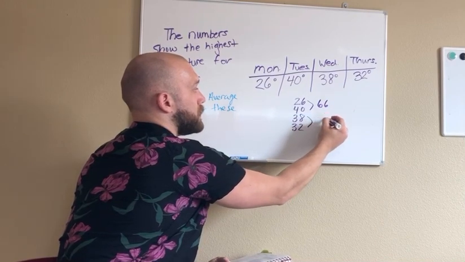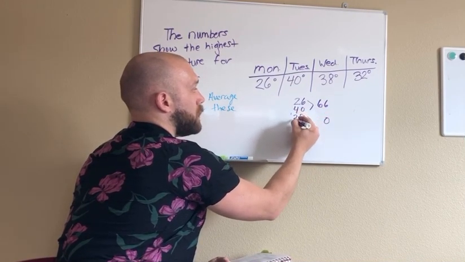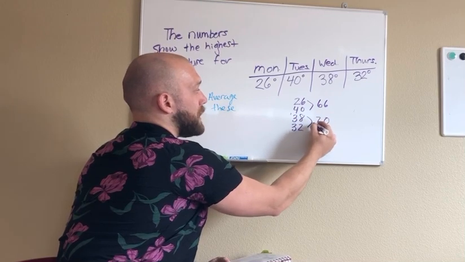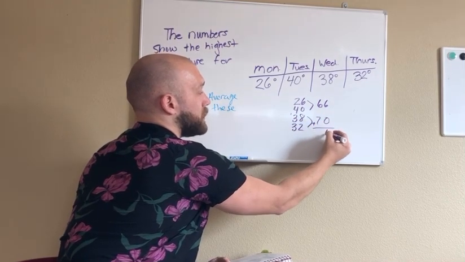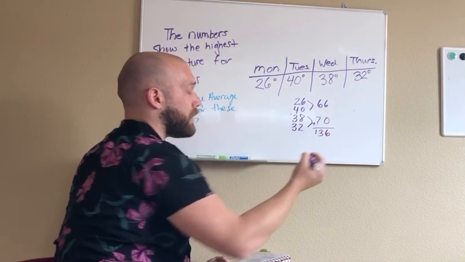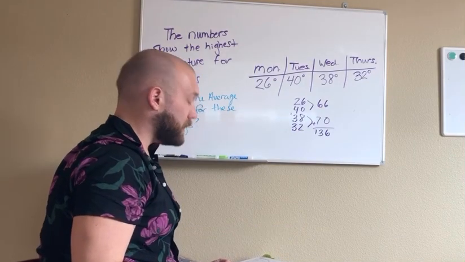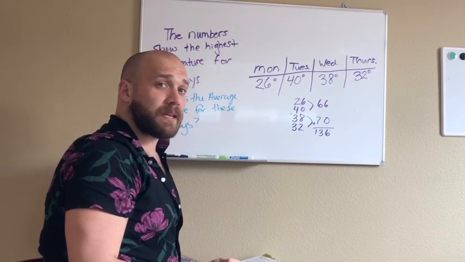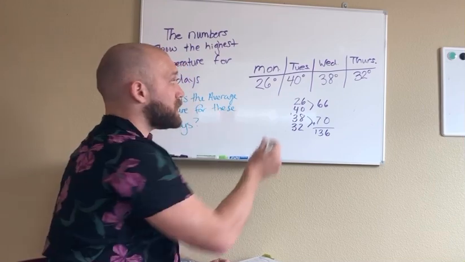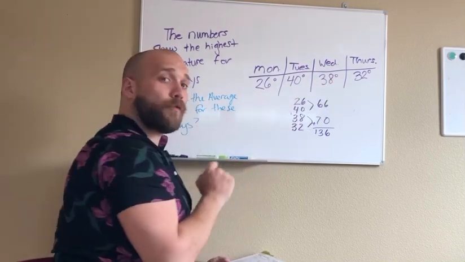This together is 70. Adding these two numbers together, I have 136. Now I need to divide that number by 4 because there's 4 days or 4 numbers that I added together.